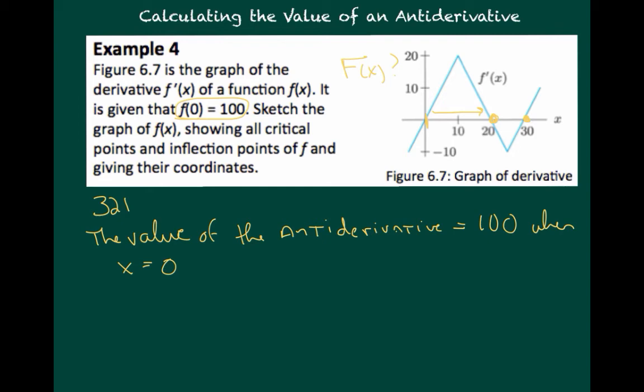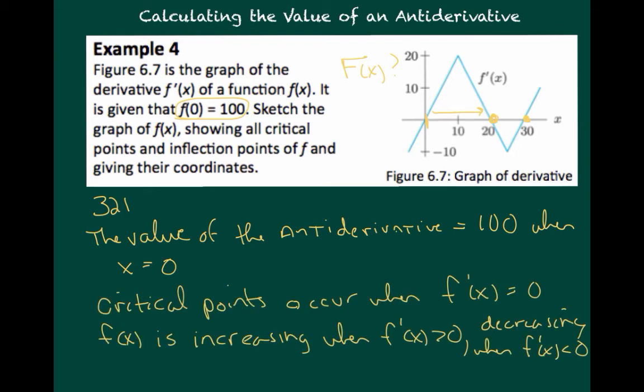Now this should be very familiar to you because this is what we talked about during the first semester: critical points occur when the derivative equals 0. Also, f of x is increasing when the derivative is greater than 0 and decreasing when the derivative is less than 0. And that's exactly what we see on the graph. It's increasing from 0 to 20 because the derivative is positive, and then decreasing from 20 to 30.